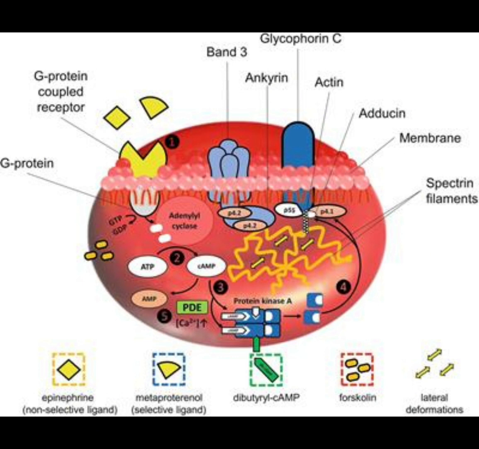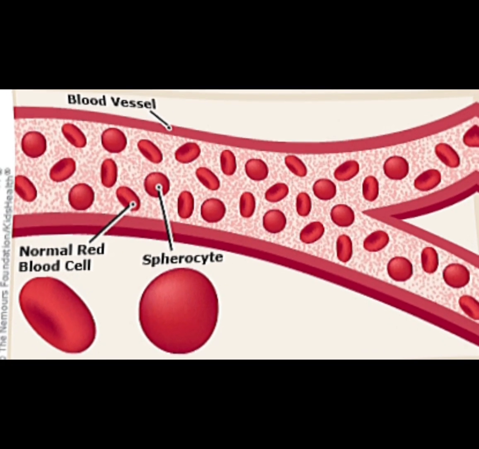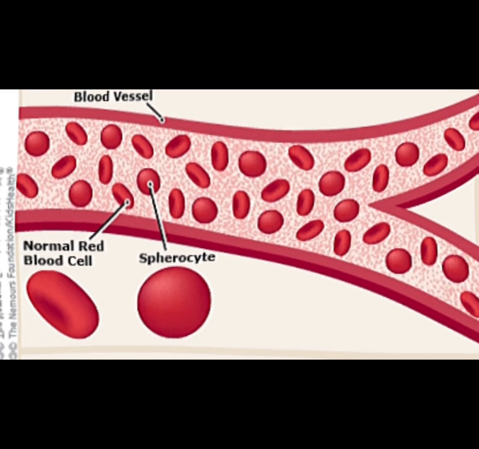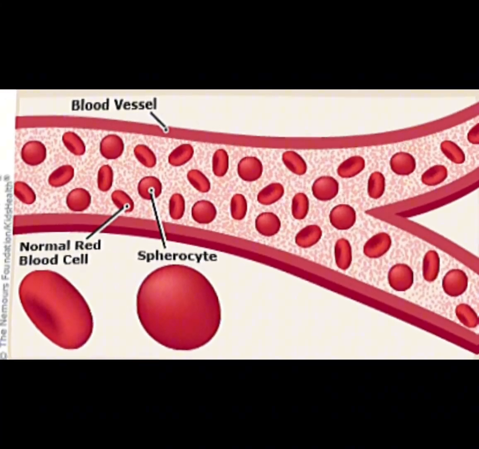These are proteins, and these proteins are held to a transmembrane protein by another type of protein called ankyrin. The absence of spectrin results in a condition in the red blood cell called spherocytosis. In spherocytosis, the biconcave shape of the red blood cell becomes globular.